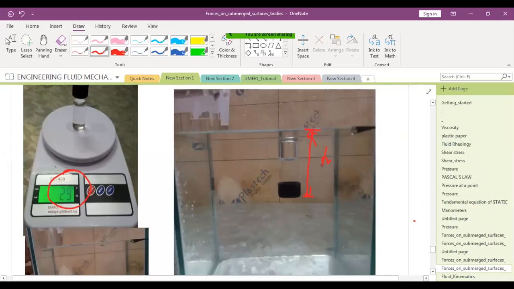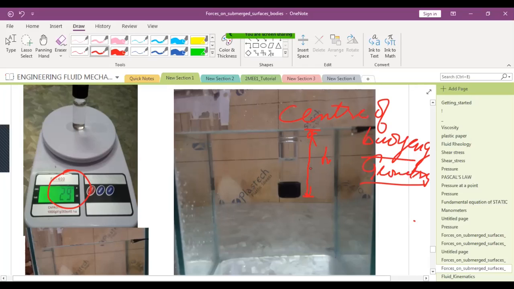Center of buoyancy depends only on geometry. एक सिलेंडर पूरा इमर्स्ड है, तो डिस्प्लेस फ्लूइड भी सिलेंडर है, तो center of buoyancy h/2. So center of buoyancy will be at h/2.